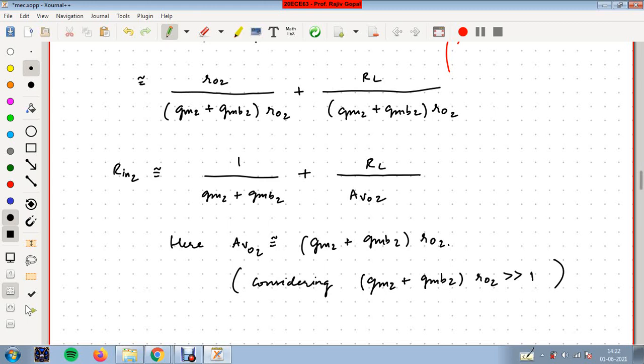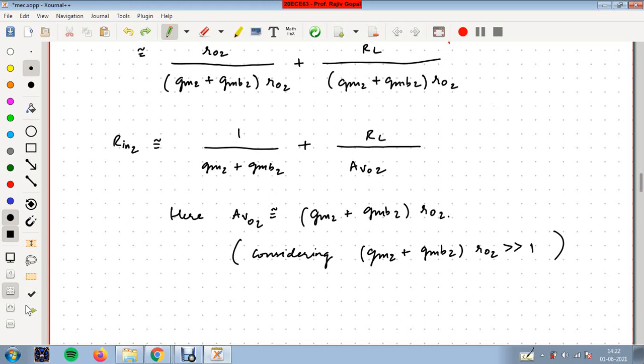Remember AV02 is actually 1 plus Gm2 plus Gmb2 into R02, but if I consider this condition, then I can remove that one. So I can replace this entire part with simply AV02.